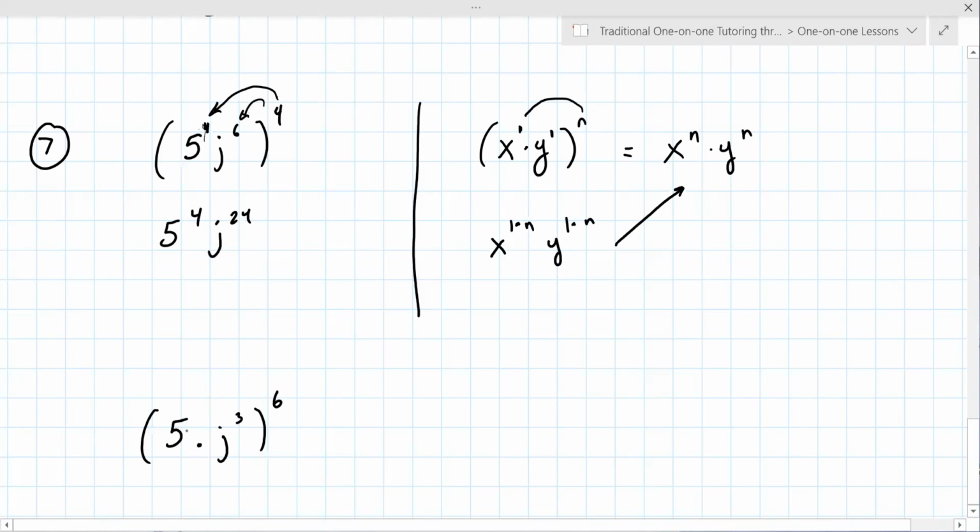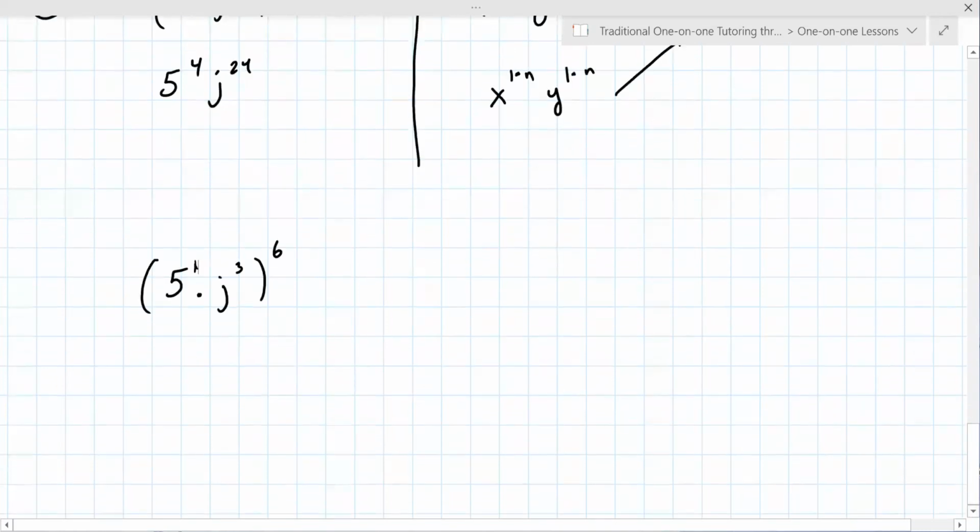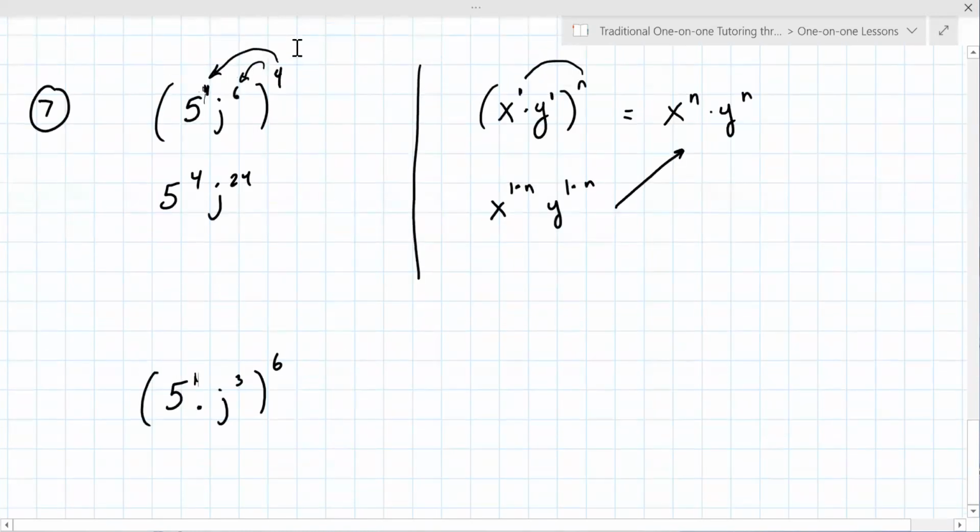Got it. The exponent of 5 is 1. Okay, so 5 to the power of 3 times 6, right? What did we do in this previous problem? 5 to the power of 1 became 5 to the power of 4.